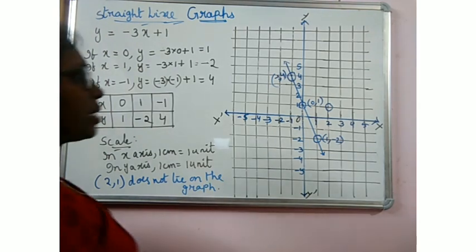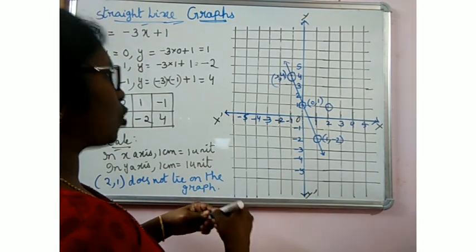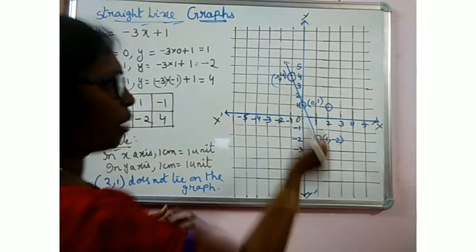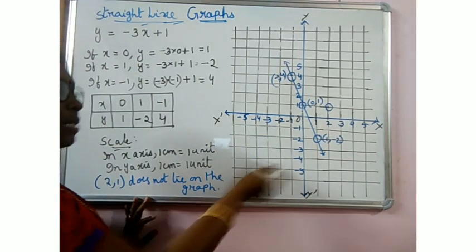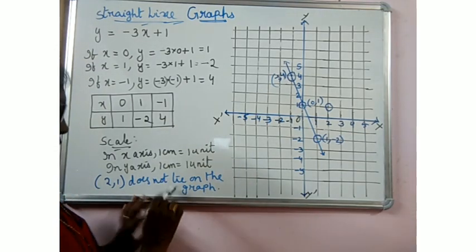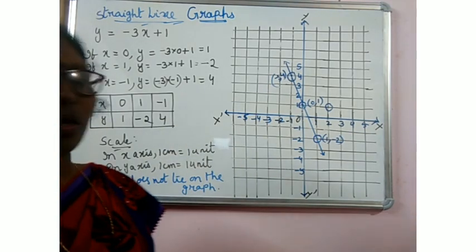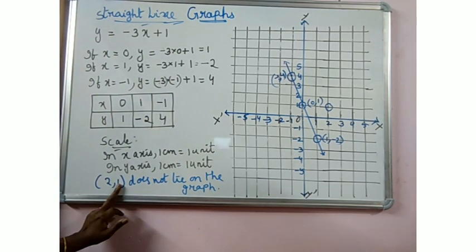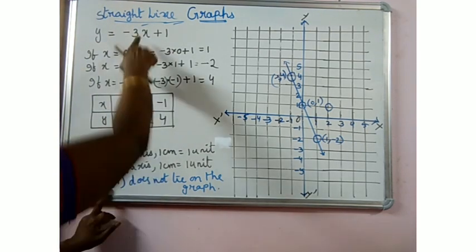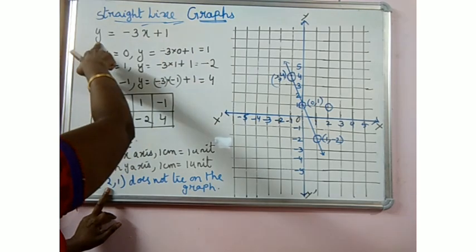If some other questions ask whether so and so point lies or not, you have to see as per that. Okay? And sometimes by using the graph you find whether the point lies or not. You can also check by substitution. 2, 1 means x coordinate 2, y coordinate 1.